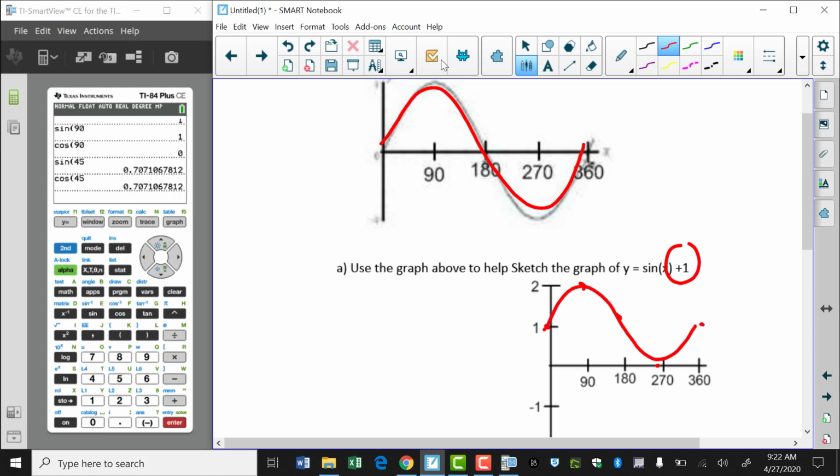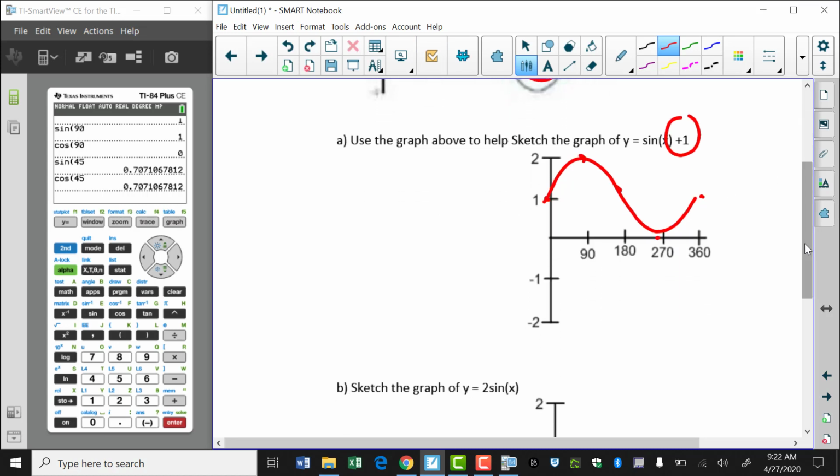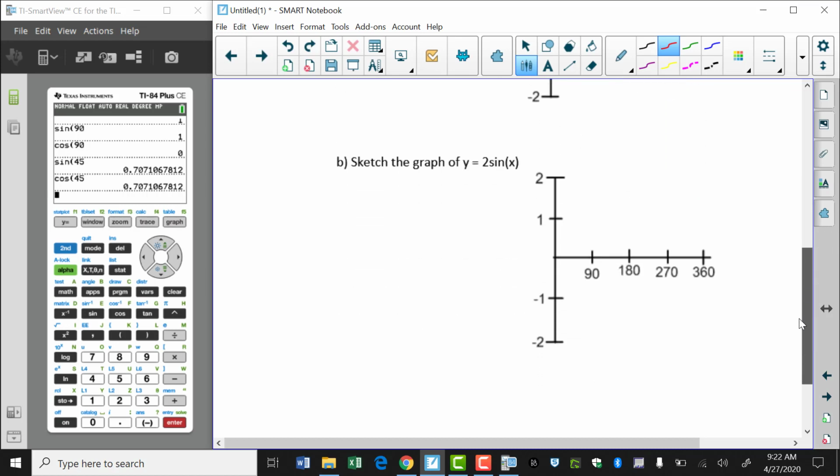So this right here is the basic sine function, and this is the sketch of a sine function that is moved up 1. Same thing, if we double the sine function, we start here, and it's going to be just much taller.